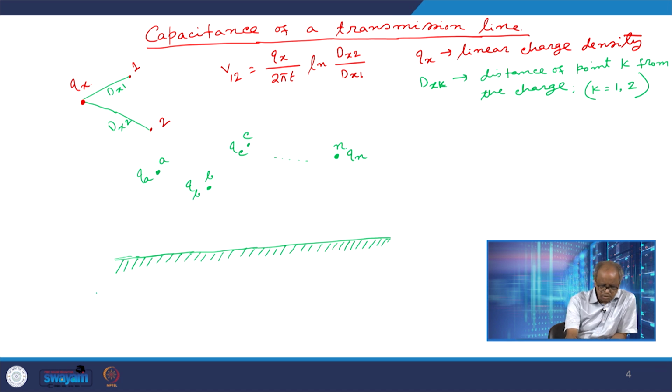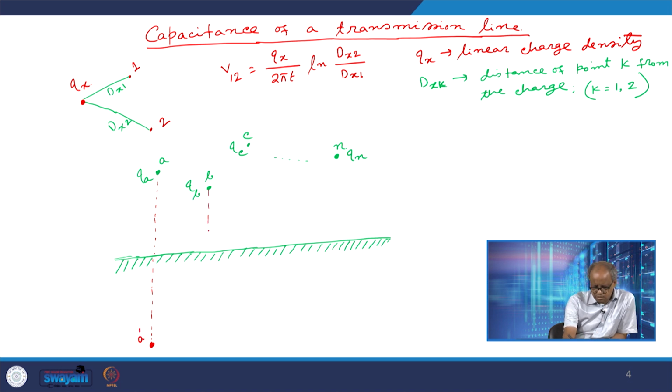So for example, if I have got this charge A, its image charge would be here. So this is the image charge A dash.